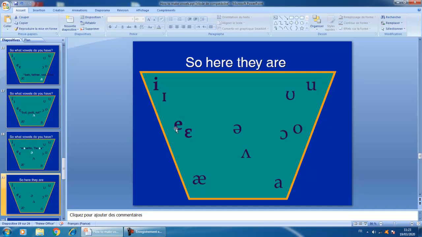Look, this one is A. You need to have a lot of effort in the production of A, more than E. So this one is tense, this one is lax. Look, this one is U. So you need more pressure and you need more air.